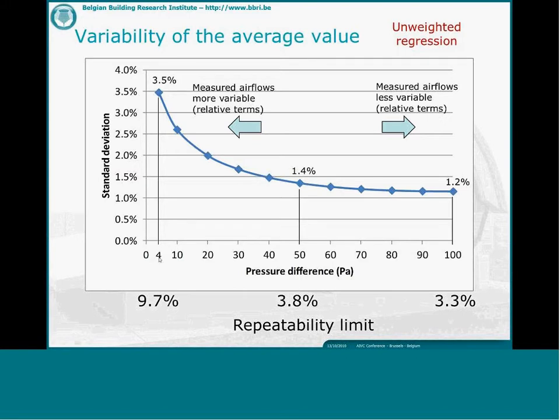And if you see the standard deviation at 50 Pascal, it's about 1.4%. But if we now come to the repeatability limit, we see that it's 3.8%. It means that the absolute difference between measurements can be expected to be less than or equal to 3.8% with a probability of about 95%.